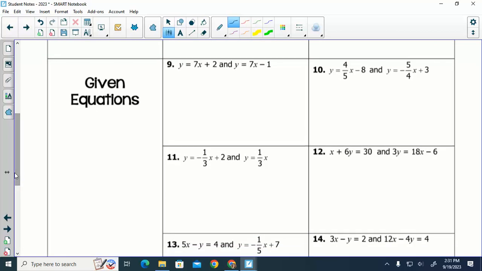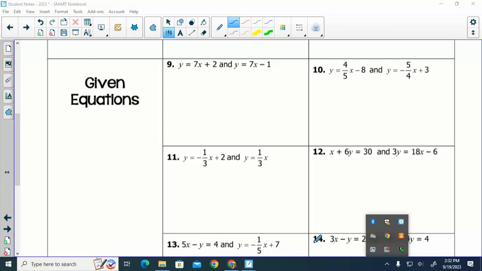Let's look at these last few. So, what if I give you the equations and we need to decide if they're parallel or perpendicular? What would we have to do? Parallel and perpendicular is based off what? Slope.